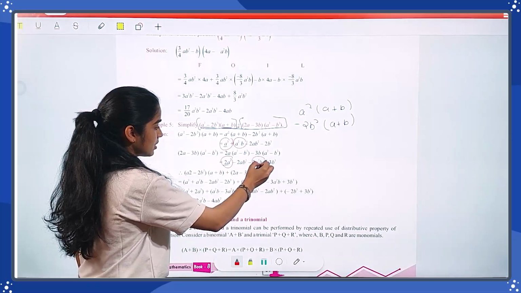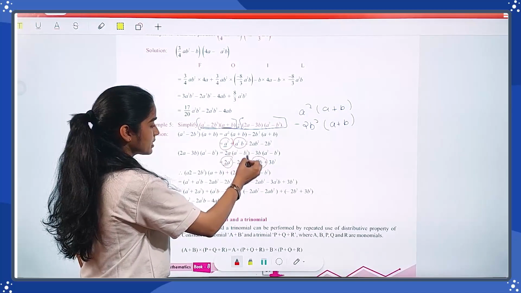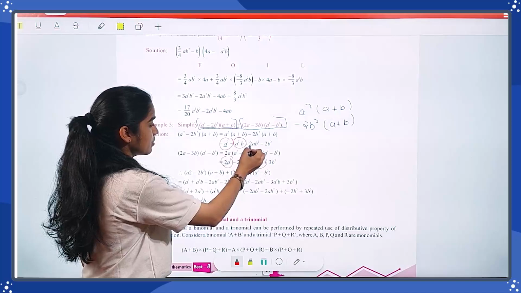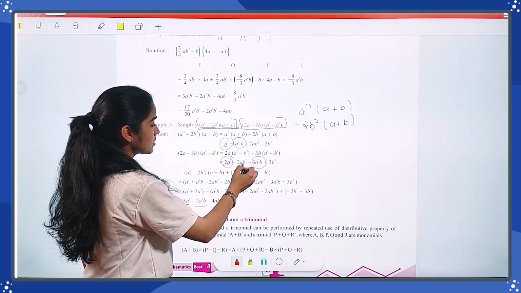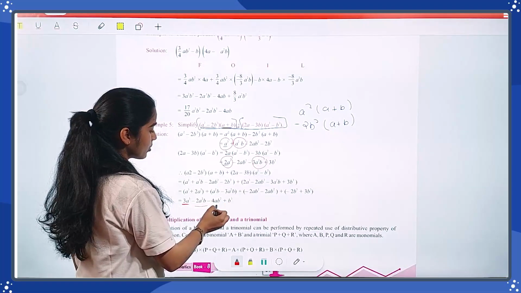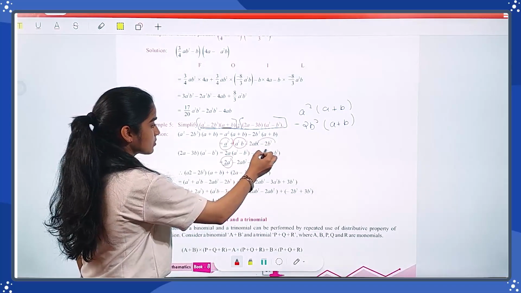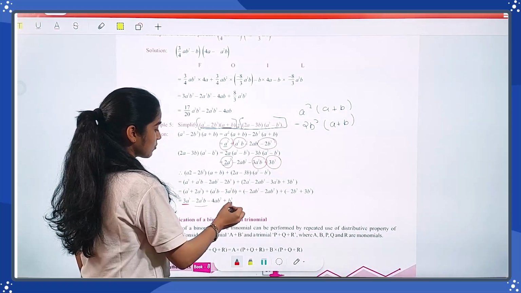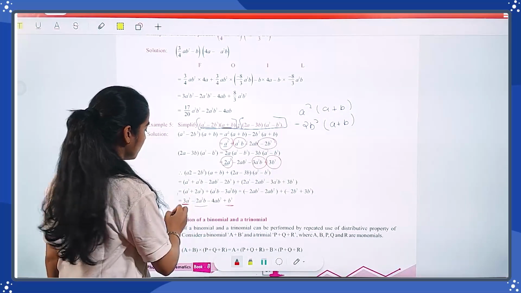This one is plus 3a square b, this one is minus 2a square b, which means a square b. Next, minus 2ab square, minus 2ab square, minus minus is plus, so minus 4ab square. Next, minus 2b cube plus 3b cube means plus b cube. This is your final answer.